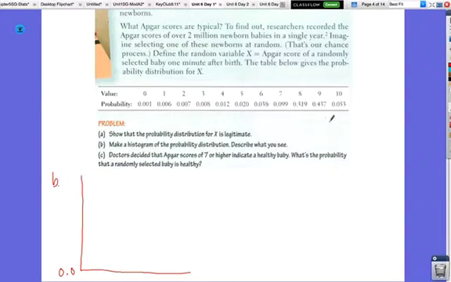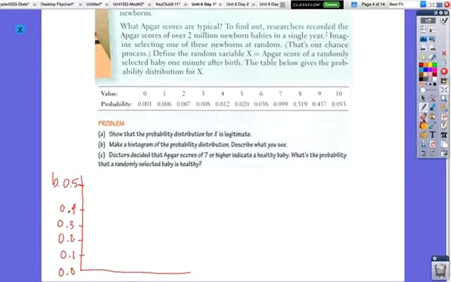None of our probabilities are bigger than 0.5, so we'll make the top 0.5. Mine's off a little bit, so I'm going to change this one.